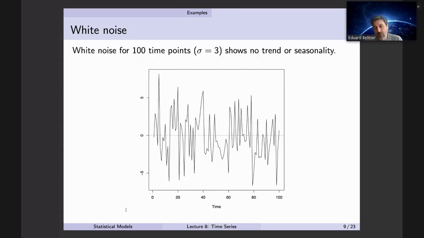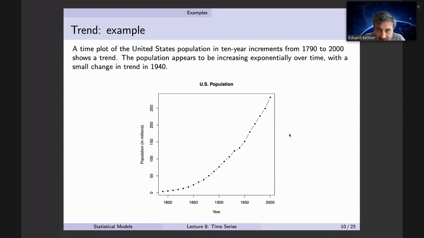All right, let's have a look. What is white noise, for instance? Well, white noise is this. There's just no pattern. It just wiggles around zero. That's it. This is what we see. All right, what else? Now it's true data. This is the time plot of the United States population, and of course it grows, right?